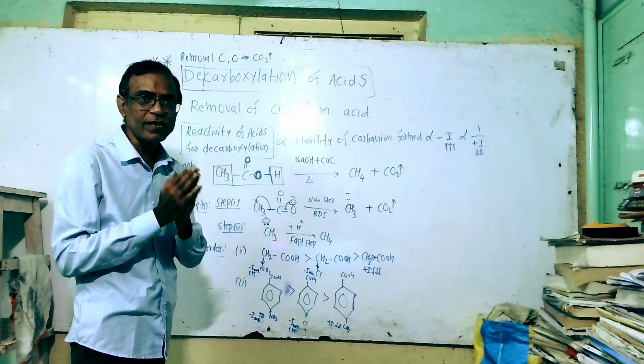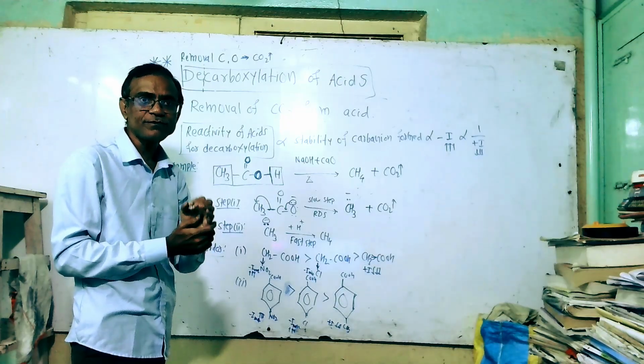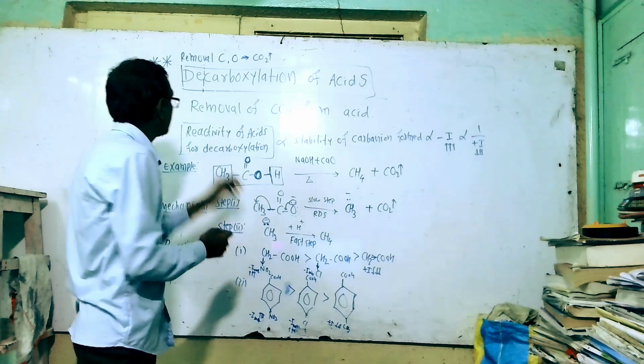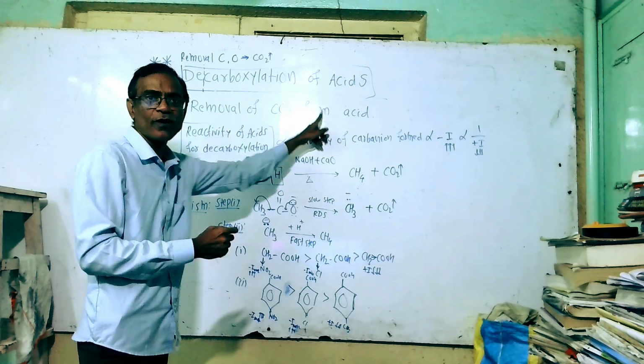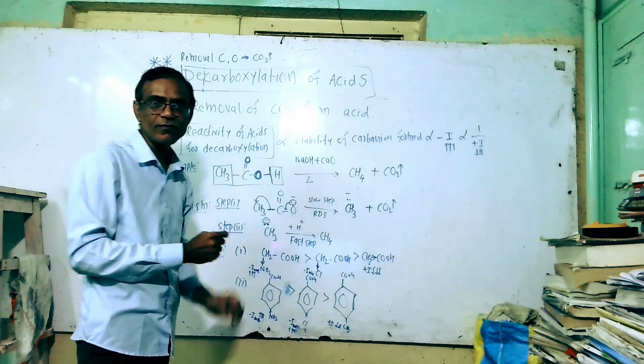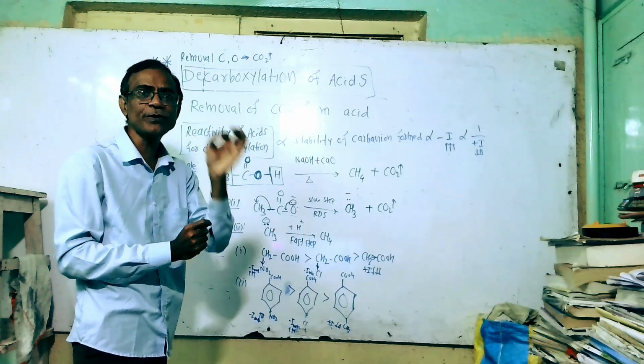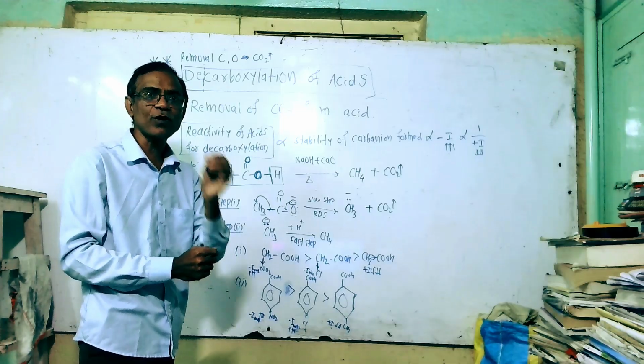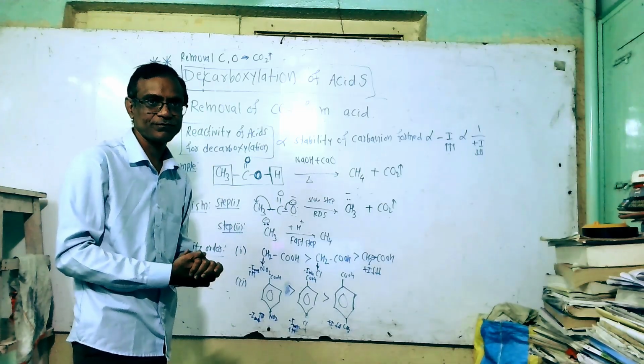So in short, we are saying that decarboxylation of acid is simply removal of CO2 from acid. Removal of CO2 from acid is said to be decarboxylation of acids.